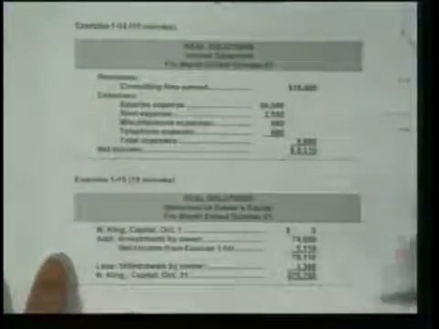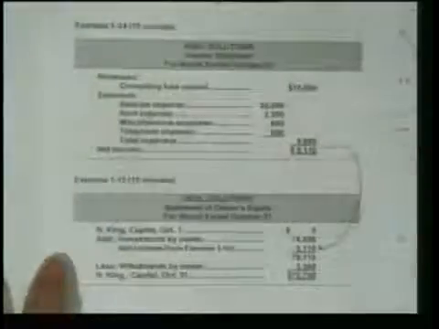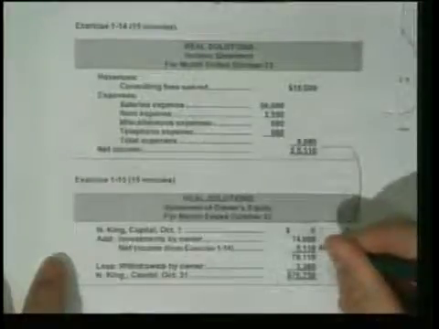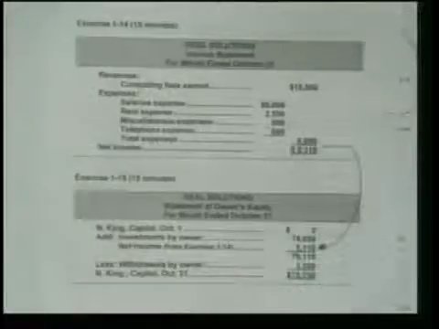Okay, now let's take a look at the statement of equity. See if we can get it both on here. Okay, and where do we get that net income? It flows down from the income statement, which is why we have to prepare them in this order. Okay? All right. The beginning balance of capital was 0.